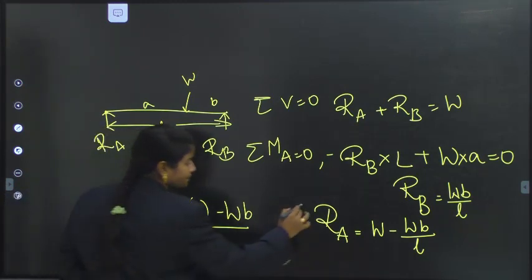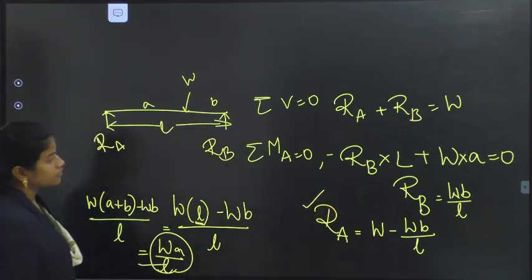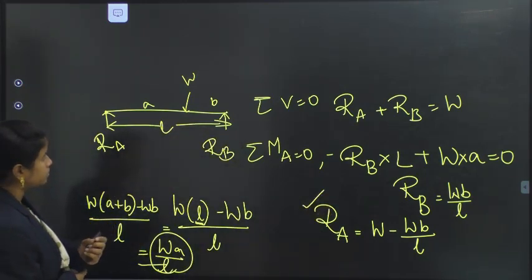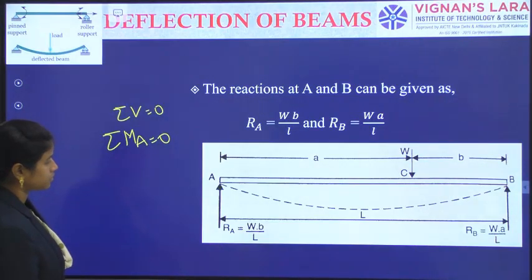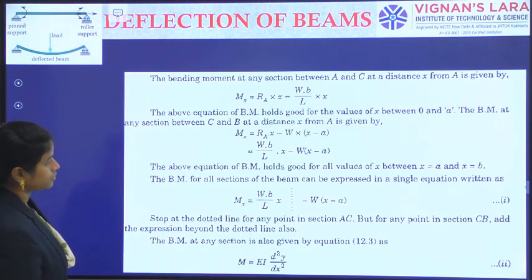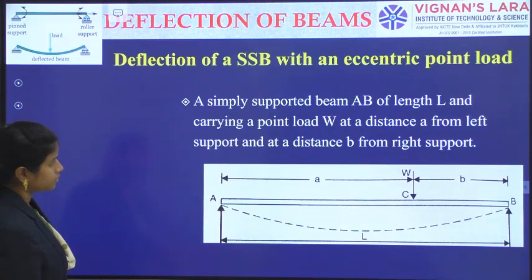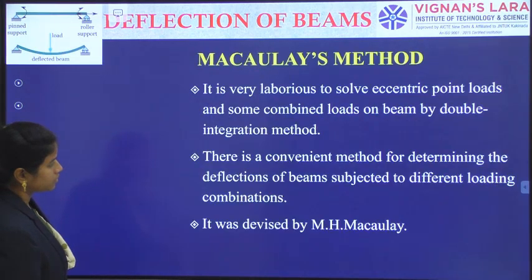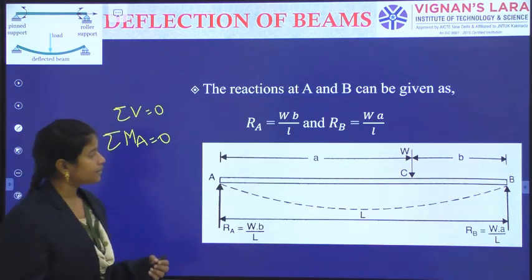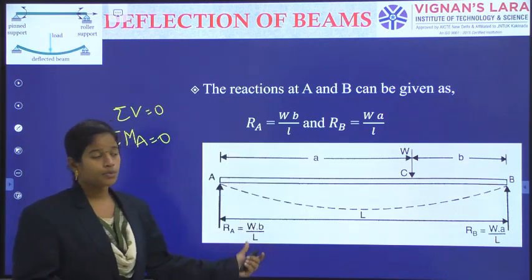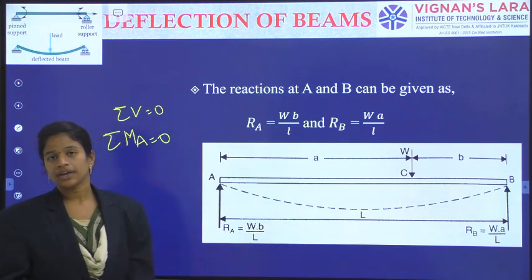So this is W b by L and that one is W a by L.